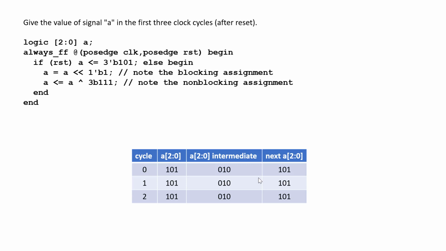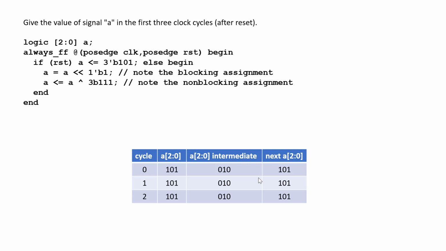The value assigned to A in this blocking assignment will effectively be substituted into the line below. So what this is saying is I'm going to shift A one bit to the left, and then XOR it with 111. If you XOR by 111, you're just flipping all the bits. That's basically a complement operation.